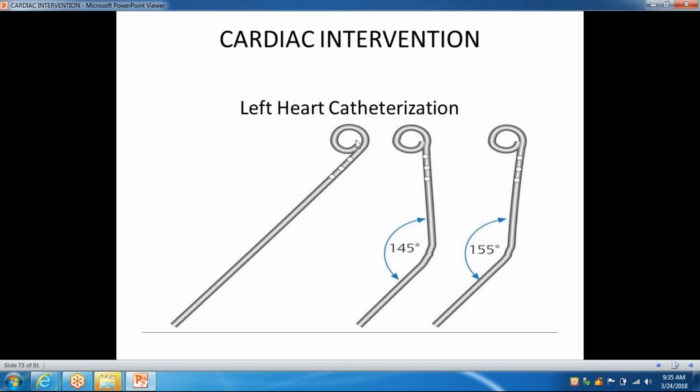So you want to use a curved catheter. You want to position your catheter in such a way that you don't get trauma to your muscle. So you position that in your left ventricle.